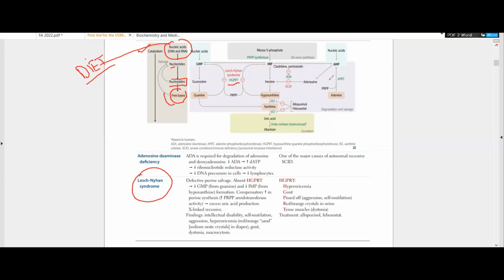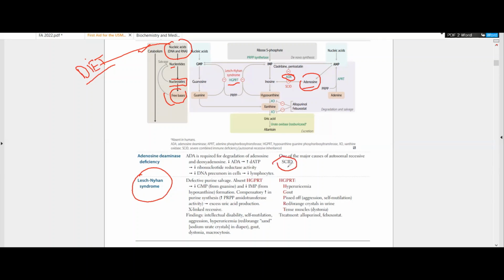As we already discussed the de novo synthesis of purine, what happens in purine breakdown? Adenosine, which comes from AMP, is converted into inosine. Basically, deamination of adenosine converts adenosine into inosine. This is catalyzed by the enzyme adenosine deaminase, which is deficient in adenosine deaminase deficiency disease, one of the major causes of SCID.